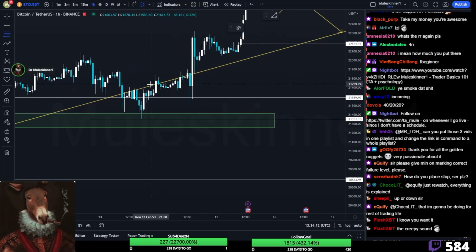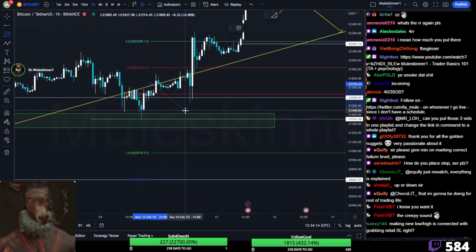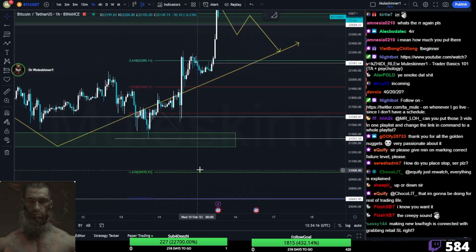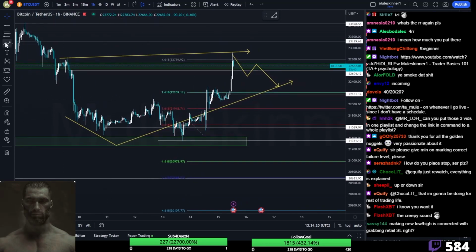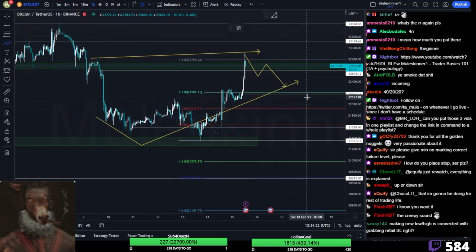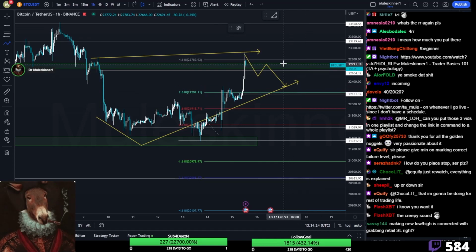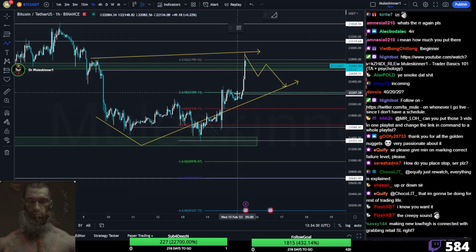So find the swing of it and find the low. Now what you're looking for is the same as before. Level untested. Level tested. Level tested. So the only level we haven't tested is this one. And guess what?